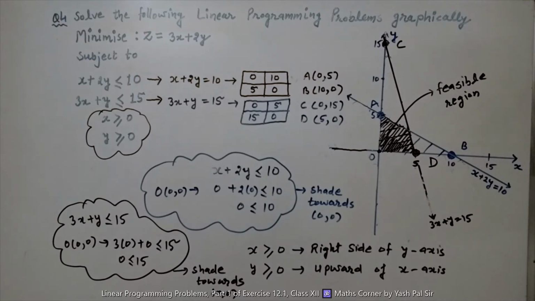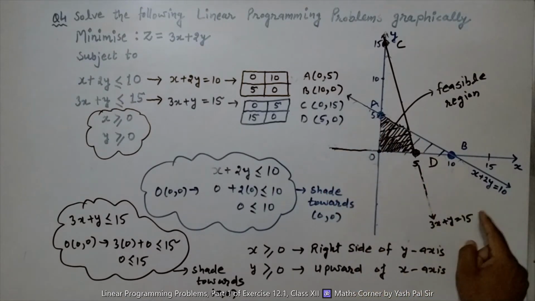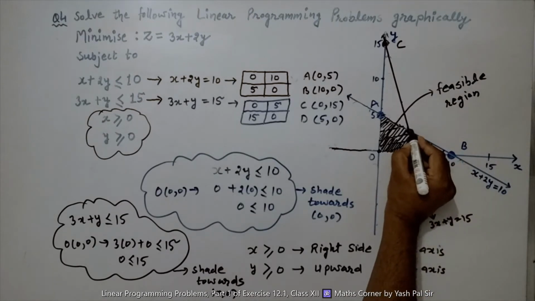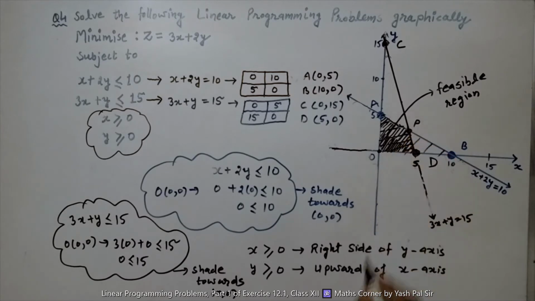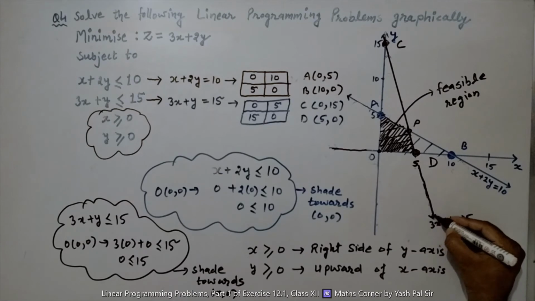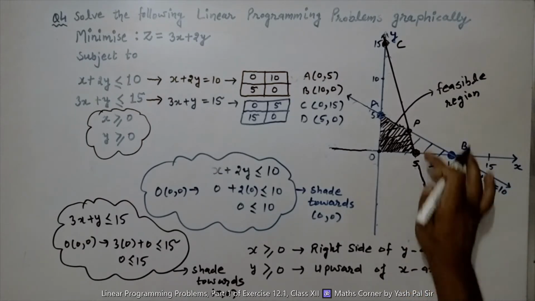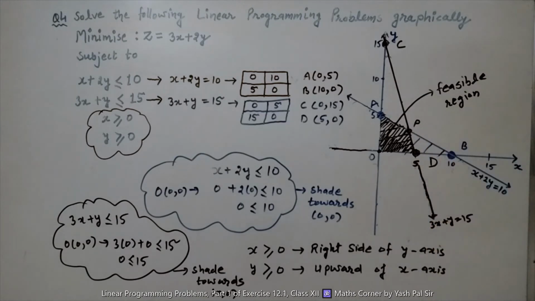Okay. Now in this question one more thing we are observing, that the first line and the second line are intersecting each other. So one corner is here. What are the coordinates of this point? Let the name of this point be P. So let us now find the coordinates of point P. We have to solve these two equations.